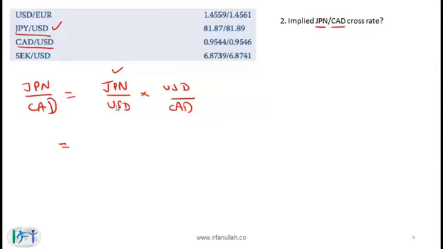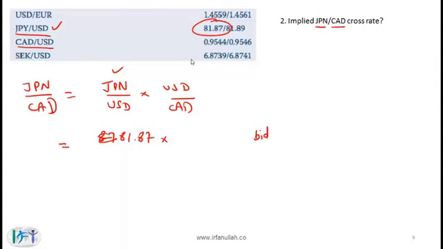Japanese yen to USD for the bid is simply this number, 81.87. So remember, we are doing the bid first, multiplied by USD to Canadian. So USD to Canadian, remember, we need to find the inverse over here.